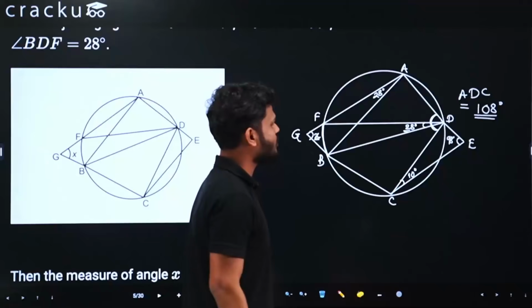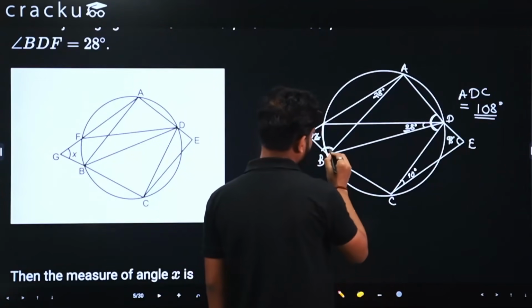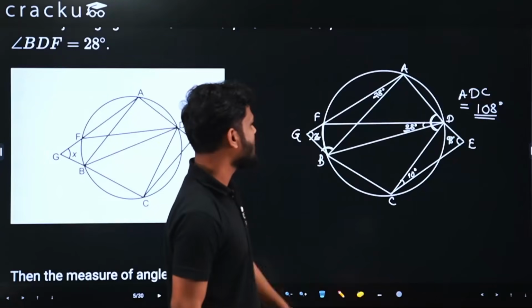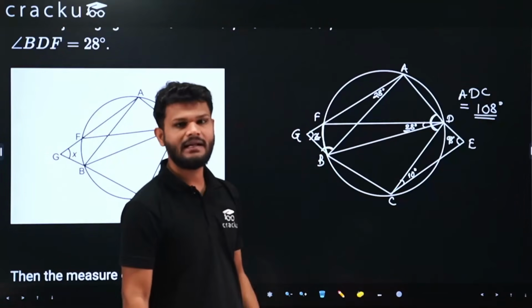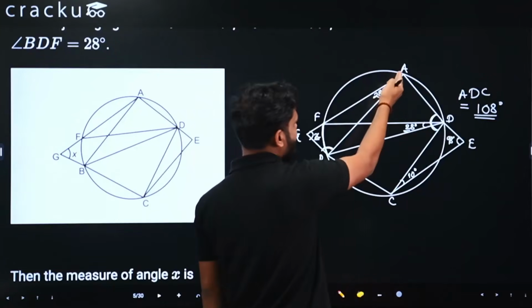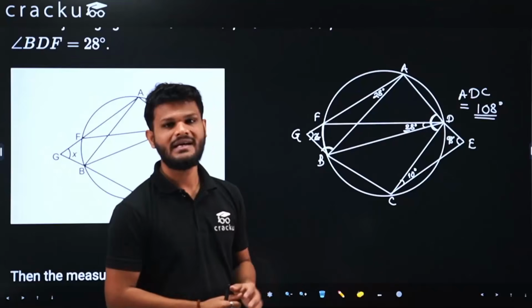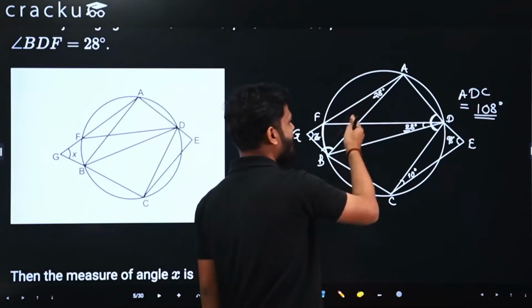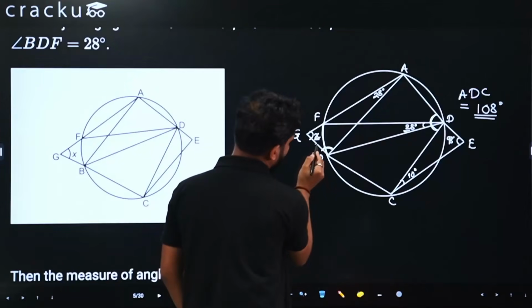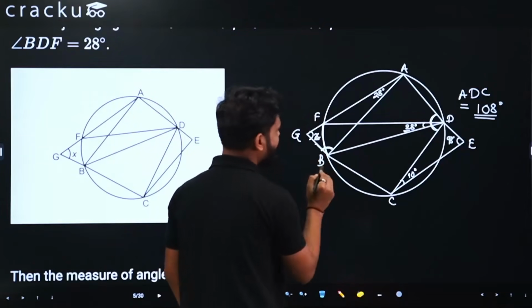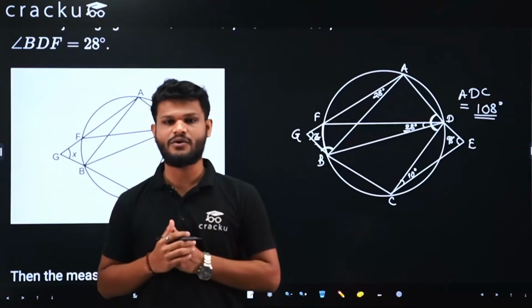Now what can you do more? If you see at this angle, what is the speciality of this angle? Look at the quadrilateral ABCD. All the four vertices of quadrilateral ABCD are on the circle. So ABCD is a cyclic quadrilateral. And this angle is the exterior angle of that cyclic quadrilateral. And what is the property of cyclic quadrilateral?